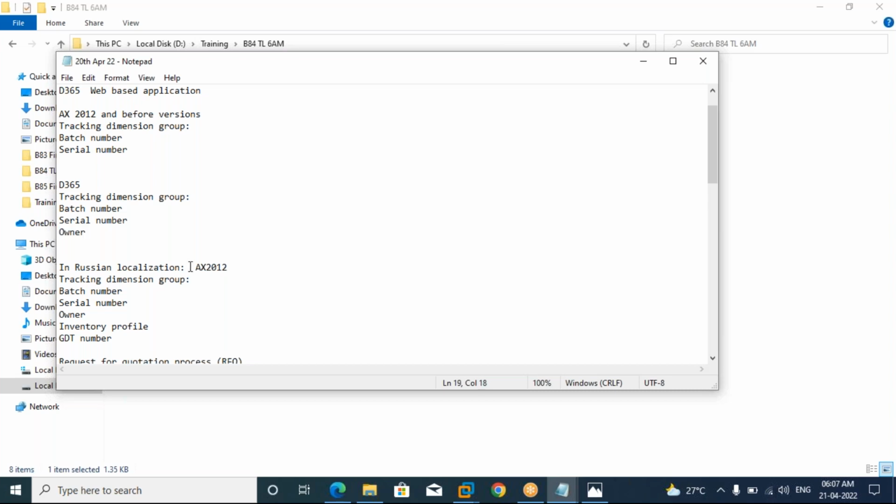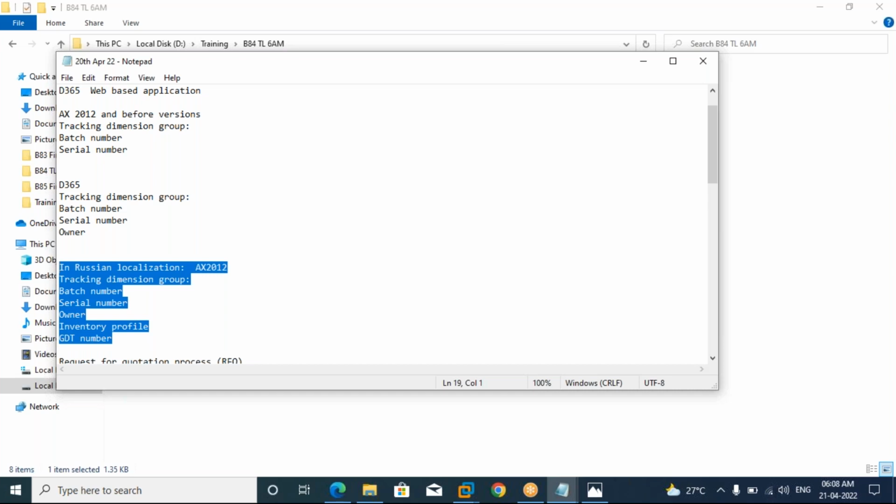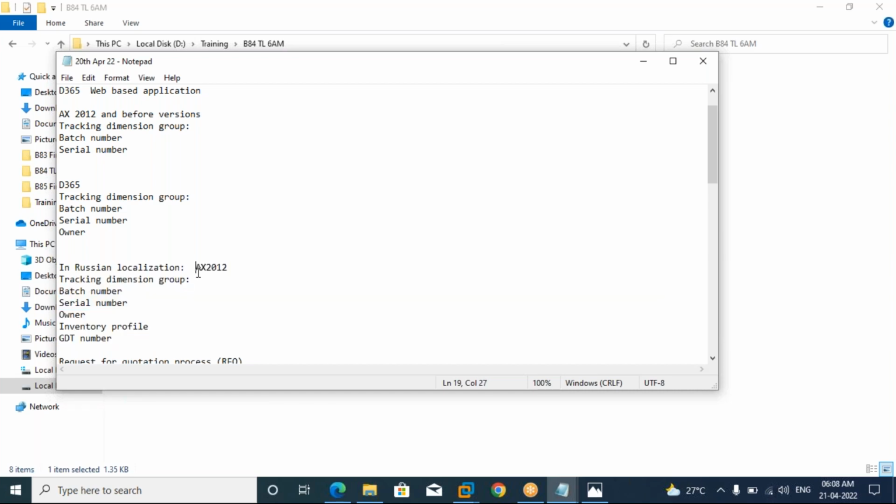And one more thing, in D365, actually Russian localization has 5 dimensions: batch number, serial number, owner, inventory profile, GDT number. These are Russian localization. If you open the AX 2012 application, in all modules you will find all 5, but it is not related to all legal entities. It is only for Russia.